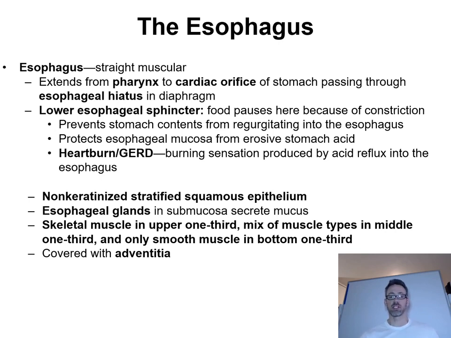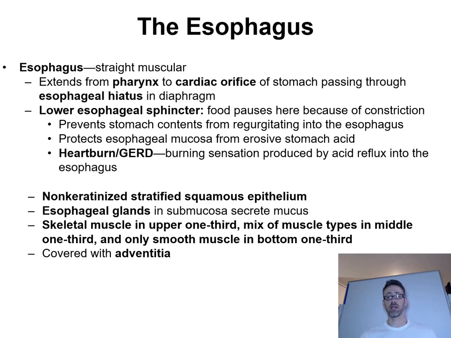For the most part, this is not information that you necessarily need to know, but it's good for anatomy. The esophagus has non-keratinized stratified squamous epithelium, so there's a lot of abrasion as that bolus of food is scraping along it. But they do have a lot of mucus glands there to help the bolus move through.